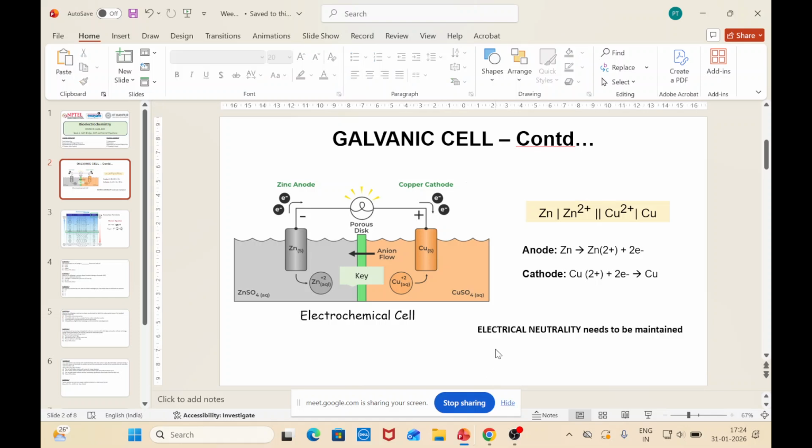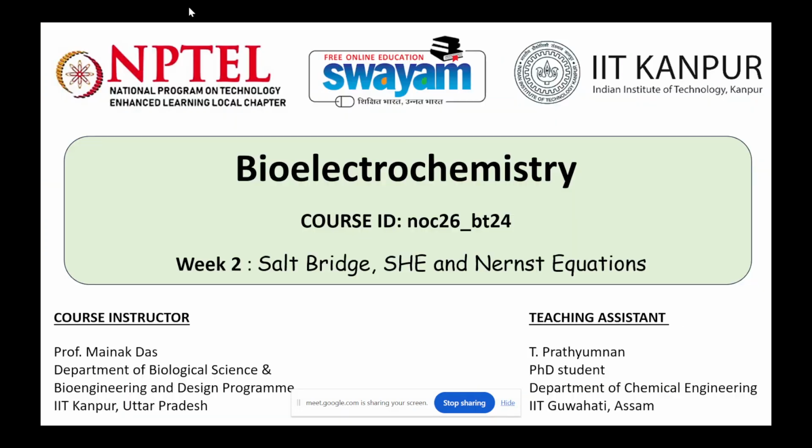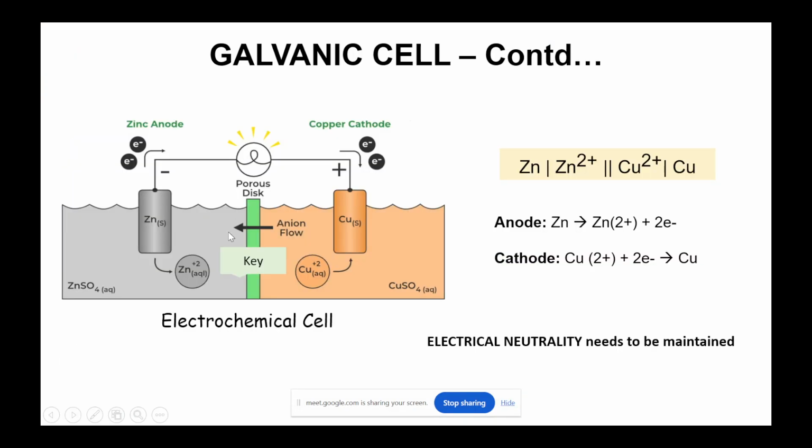Last time we discussed that in the anodic compartment we had more Zn2+ ions, which are released into the electrolyte. To maintain neutrality, the SO4 2- ions move from the cathodic compartment to the anodic compartment and neutralize the charge in the anodic compartment.